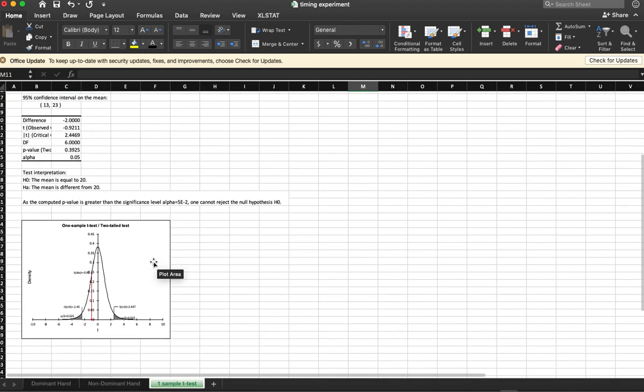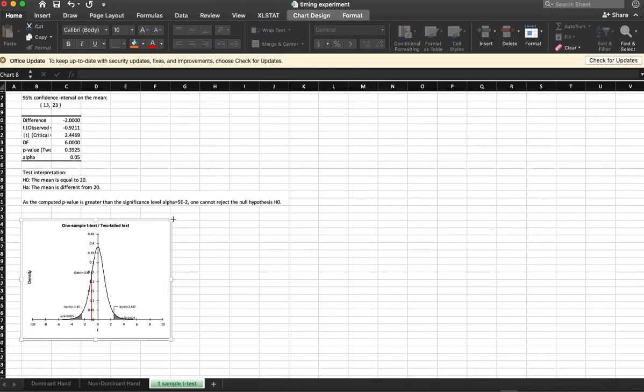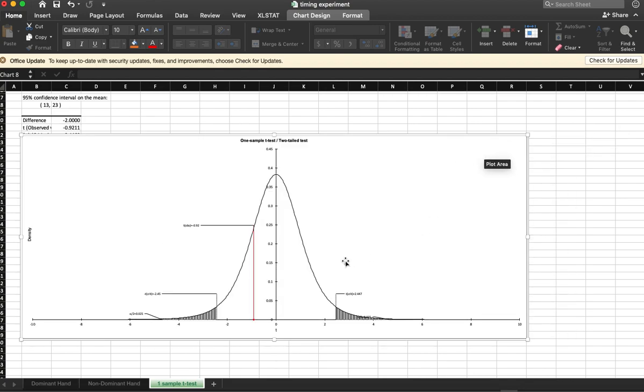Also get this lovely little graph here. Okay, this is really helpful. So this is showing our t distribution. The shaded areas are our rejection region. You can see it shows this critical value of negative 2.45 here, right, on both sides.